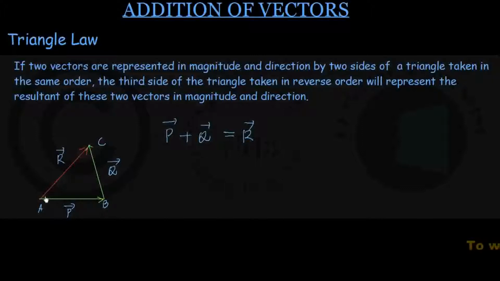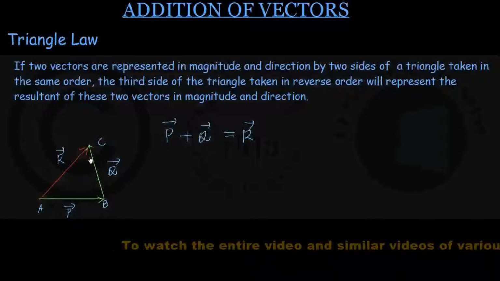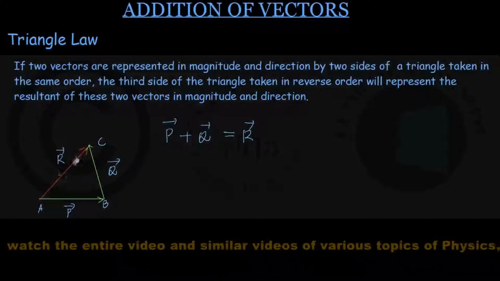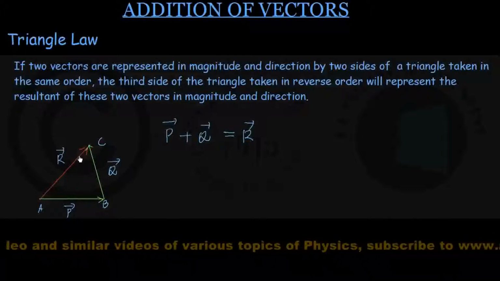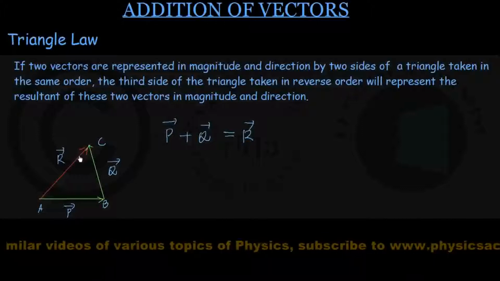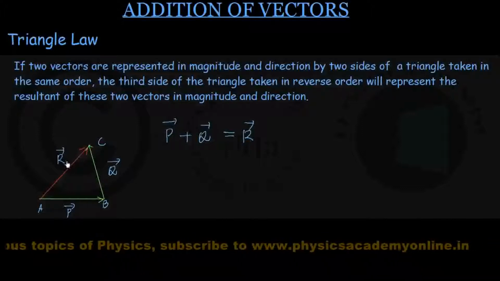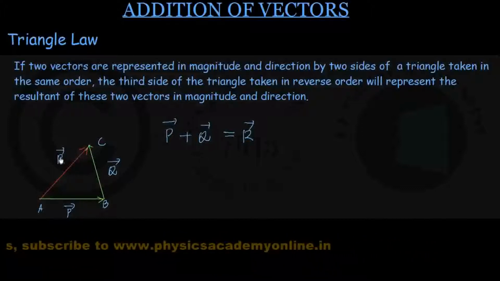Then the third side, that is the AC, this arrow AC in reverse order: you have been going till now anti-clockwise, so you would expect AB, BC, CA. That is the same order. But no, the third one, you take reverse, not CA, you go for AC, A to C. That's reversal of the order or sense. And that AC vector, this side of the triangle, will represent the resultant R in magnitude and direction. That means the length AC represents the magnitude of resultant R.